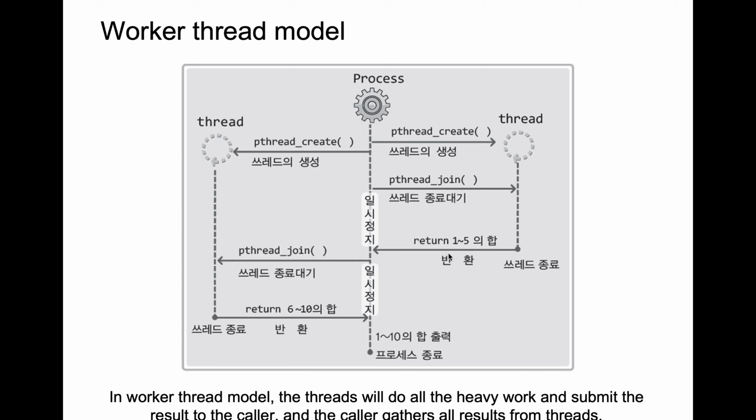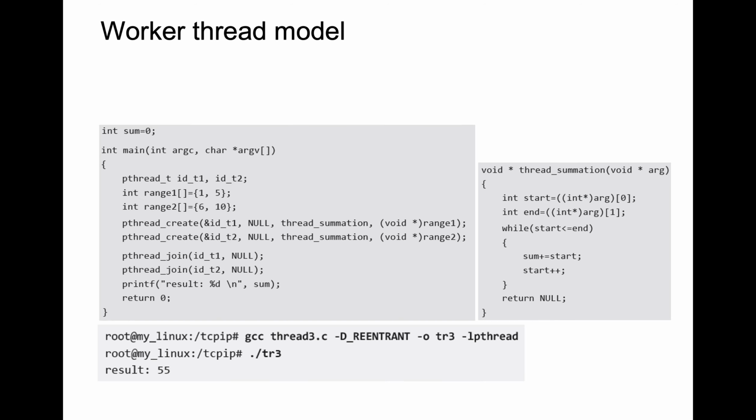One thread is summing up all values from 1 to 5, the second is summing all values from 6 to 10, and the process, the main thread, is collecting the results from those 2 threads and taking the sum of the 2 values and printing out the result as the sum of values from 1 to 10. So that's the idea of divide and conquer, how it can be used by the threads.